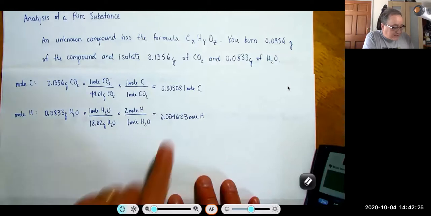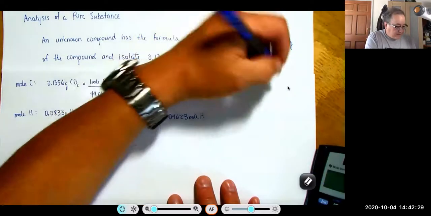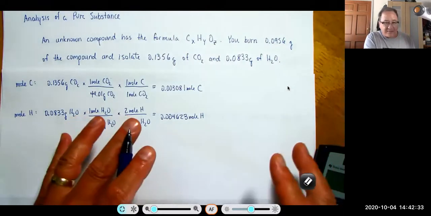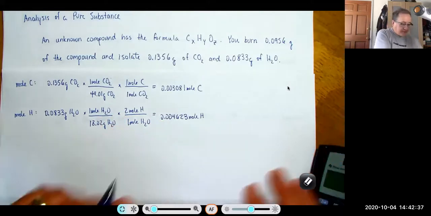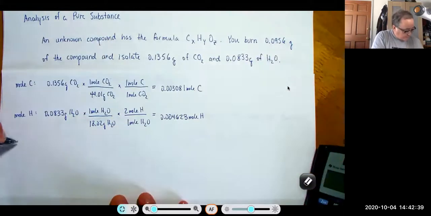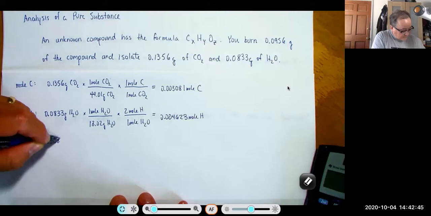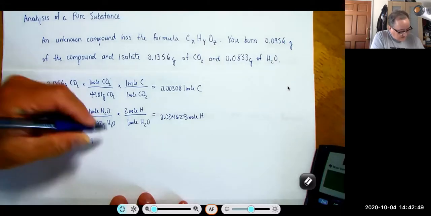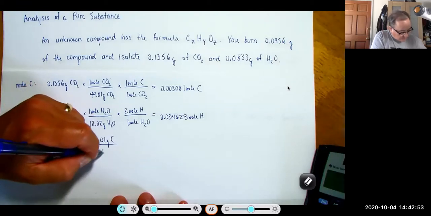that you take this and you convert that into grams, and so you write something here. And technically it is correct, but it isn't a good form of communication. So what I'm going to do is bring this down, and I'm going to put grams of carbon, 0.003081 mole of carbon times 12.01 grams of carbon to 1 mole of carbon.